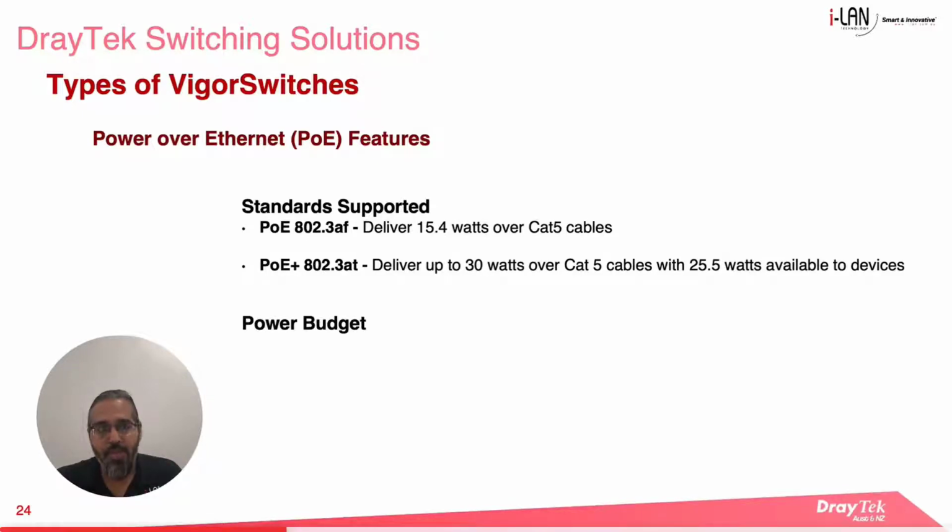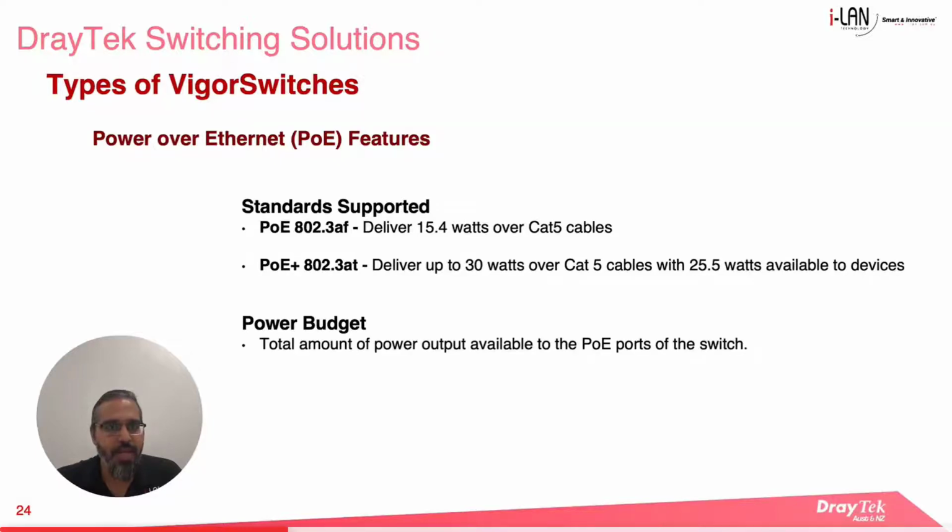Each WiGA switch will have a power budget rating in its specifications, and this is the total amount of power which is available to the PoE ports of the switch. This will vary depending on the switch model and can range from 140 watts up to 400 watts.